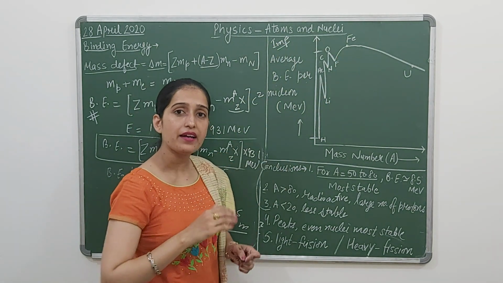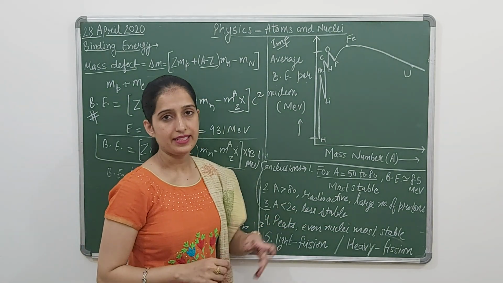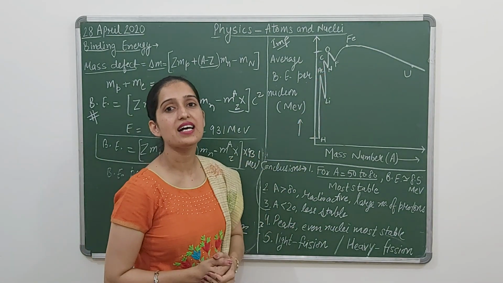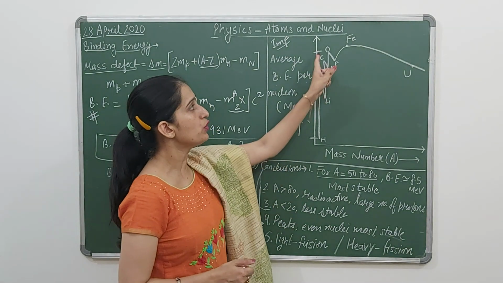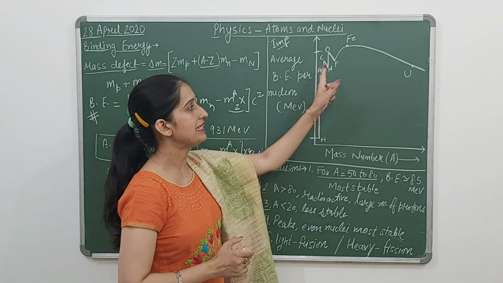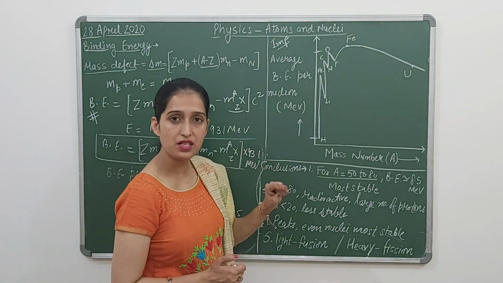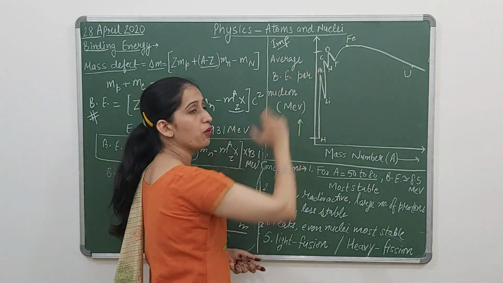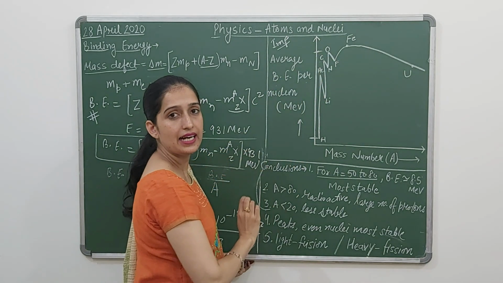Means they are more stable than their neighbors. There is a comparison between the stability, and this is showing that even nuclei are a little more stable than their neighbors. These are the experimental observations which we are getting from the shapes. You can see on the peaks even nuclei are there.